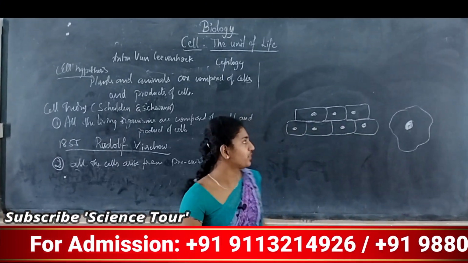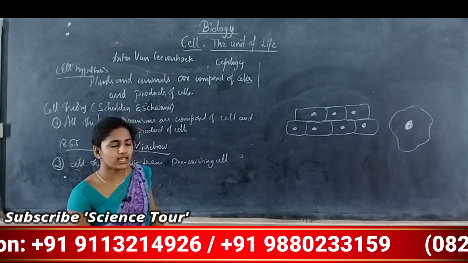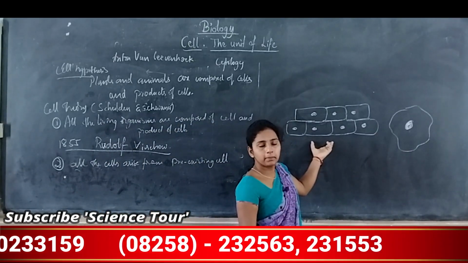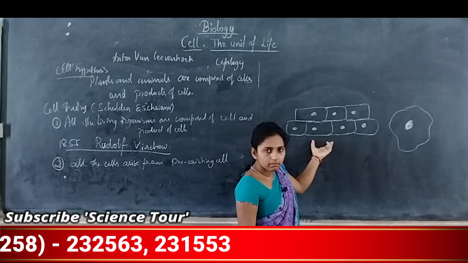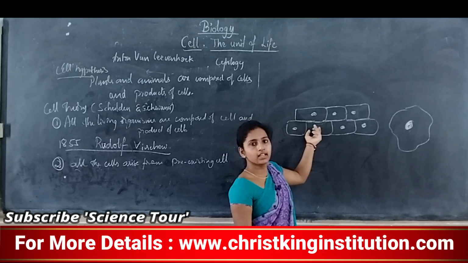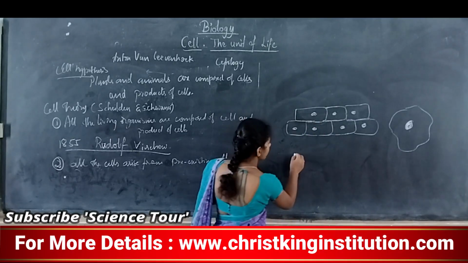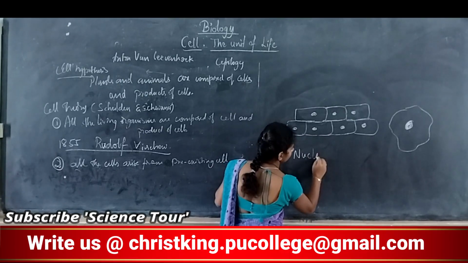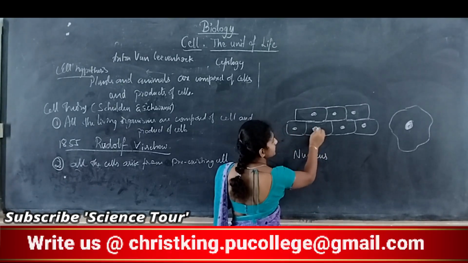We can clearly differentiate the plant cell and animal cell, and in each cell we can find a dense membrane-containing structure, the organelle called the nucleus. The nucleus is prominent and dense.